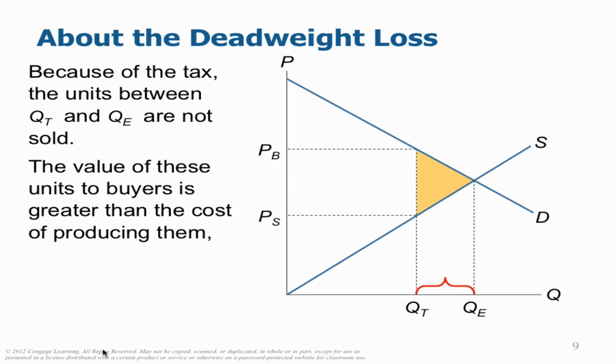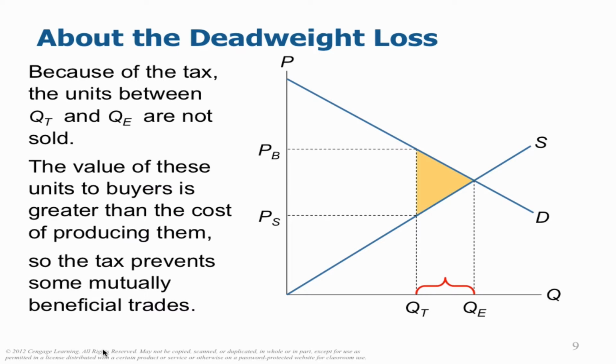So the tax is interfering in the market. It's keeping us from getting to equilibrium. It is preventing mutually beneficial trades. In this region, between QT and QE, the sellers would like to produce and sell, and the buyers would like to consume. But the tax separates them. It's inserting that wedge.